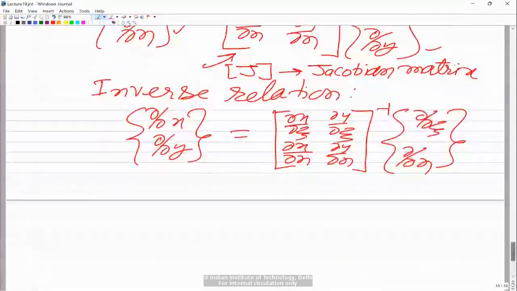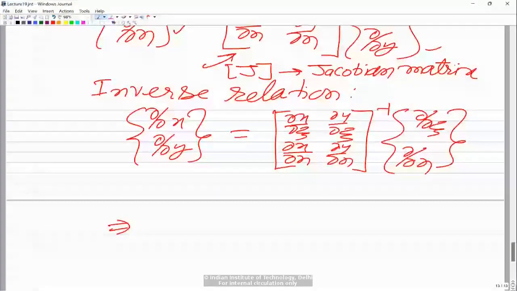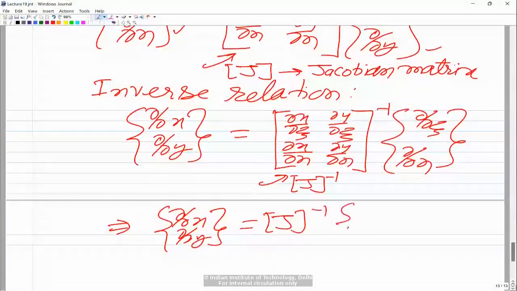This is J inverse, as you see over here. So you can also say that del by del x, del by del y is equal to J inverse times del by del xi and del by del eta.